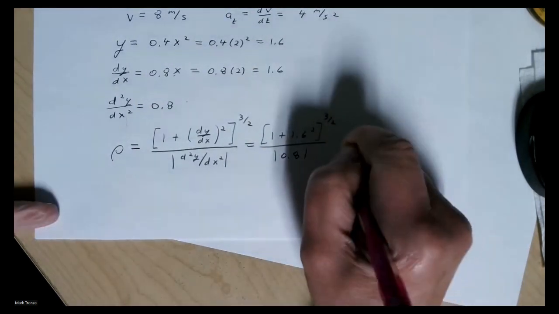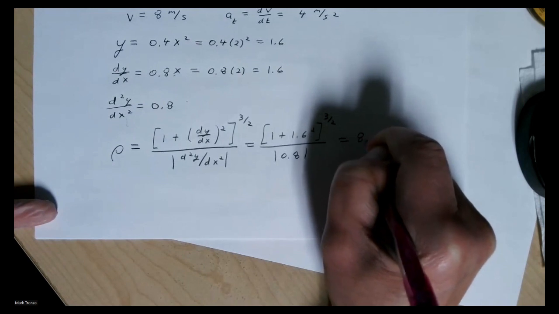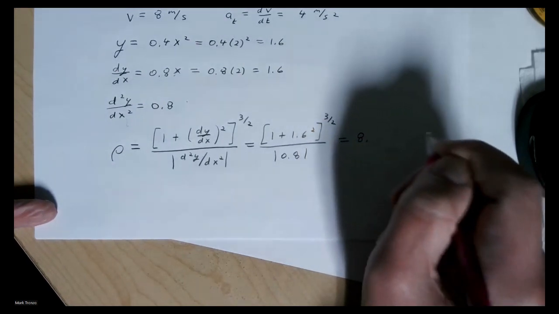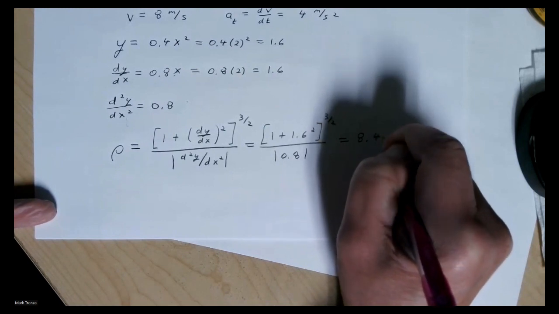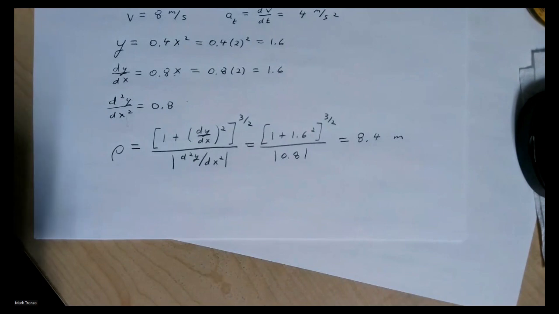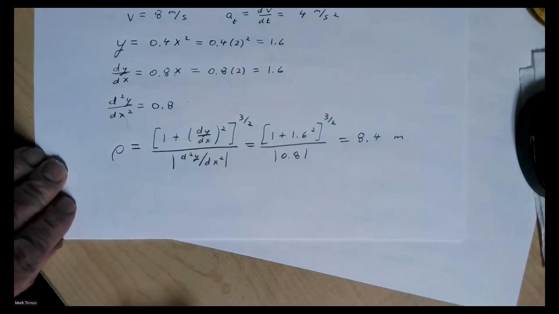And so when we divide this out, we get about 8.396. You can call that 8.4 meters, close enough. That's going to give us our radius of curvature.